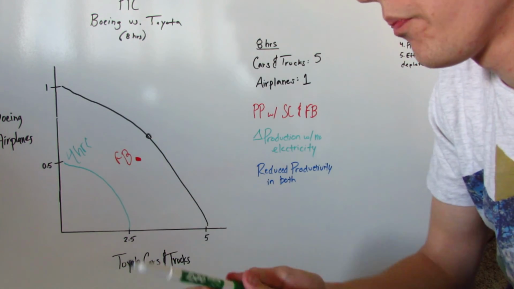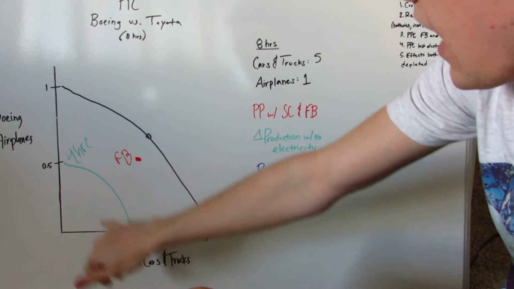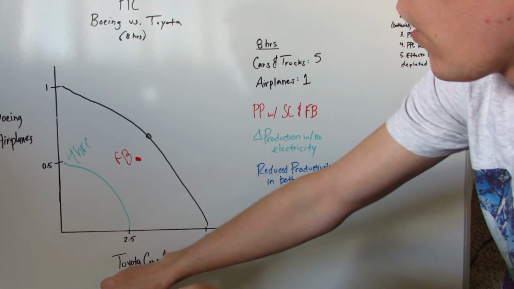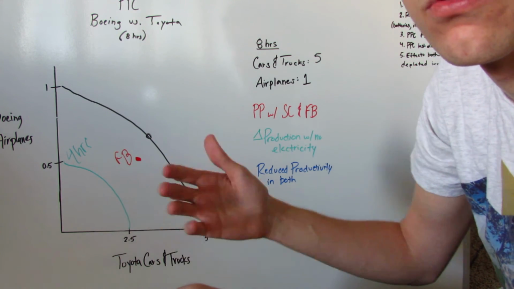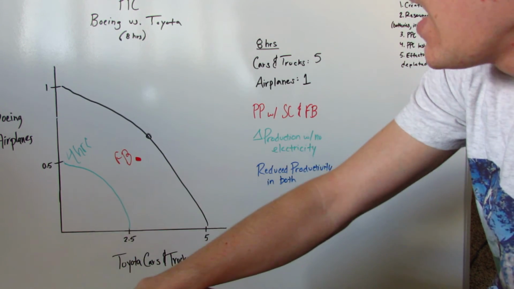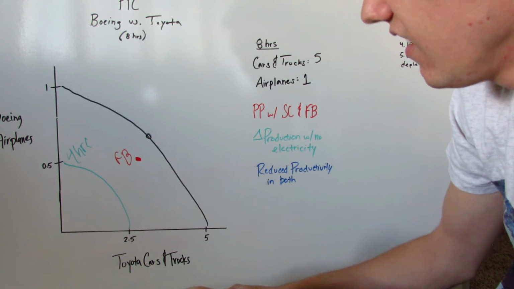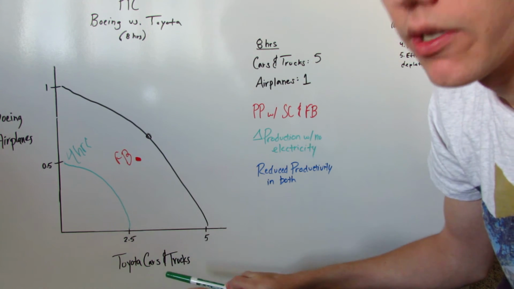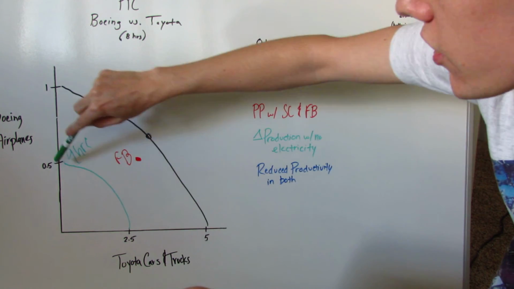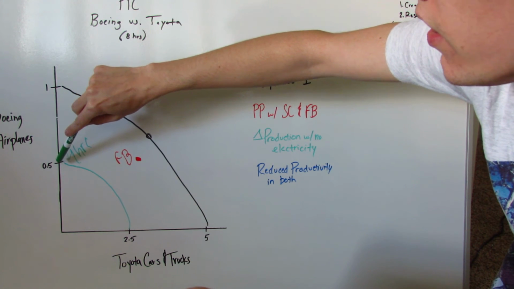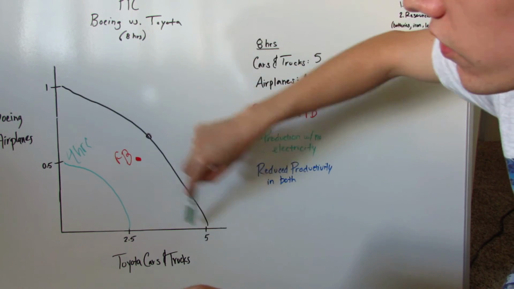Now, in scenario 2, this only happens because we have two goods that rely on electricity uniformly. If we had Boeing airplanes and a carpenter, then the carpenter would be unaffected and the production possibility curve would still reach all the way out toward the 5 Toyota cars and trucks.